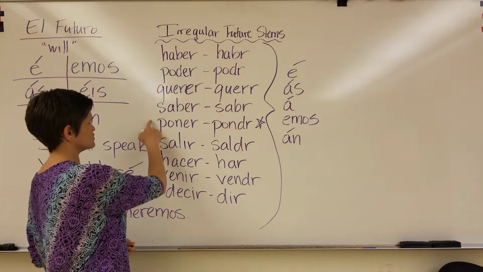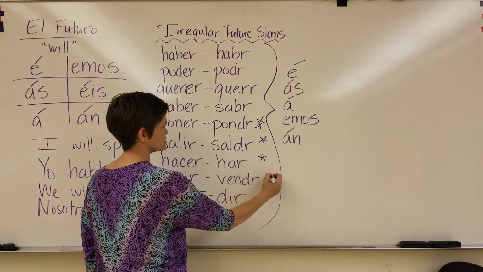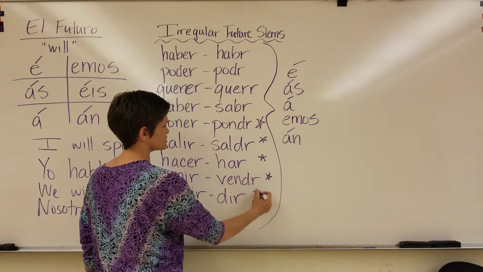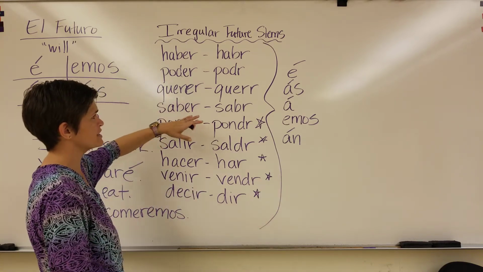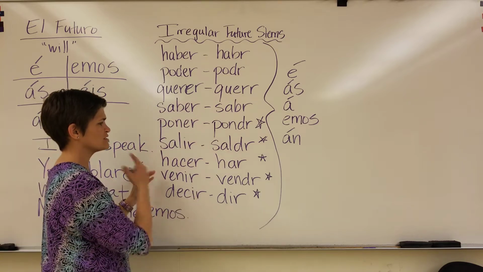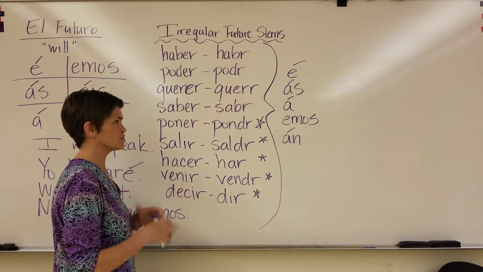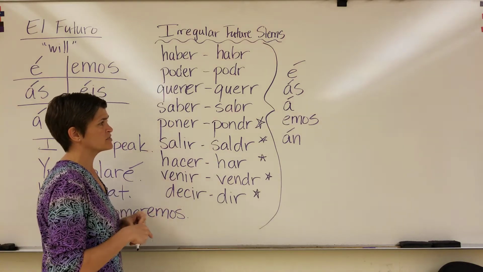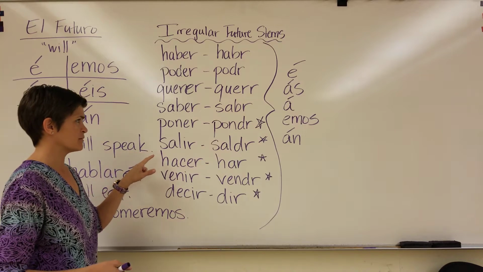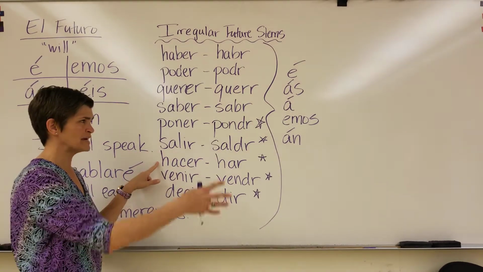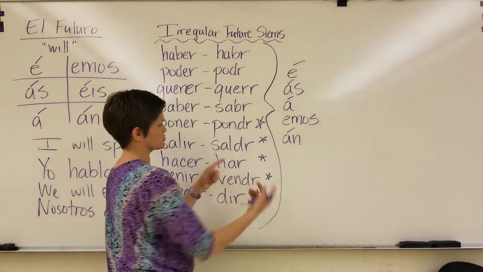So once we get to this bottom half here, let's pay even more attention to these irregulars than we did the other ones. Okay, so these guys are irregular slightly because they lose their E in the infinitive, and then these ones we have to add a D, or hacer and decir are shortened versions. But that's how we're gonna form the future stem. So if I wanna say that we will make something or we will do something, I'll use haremos.